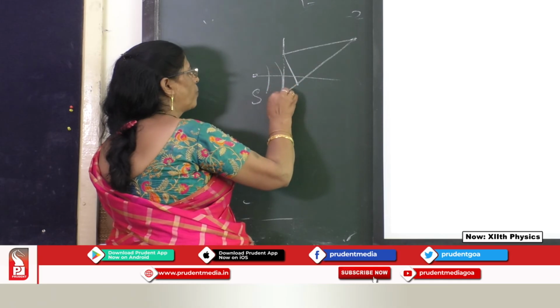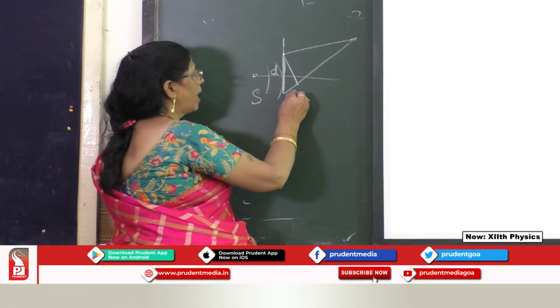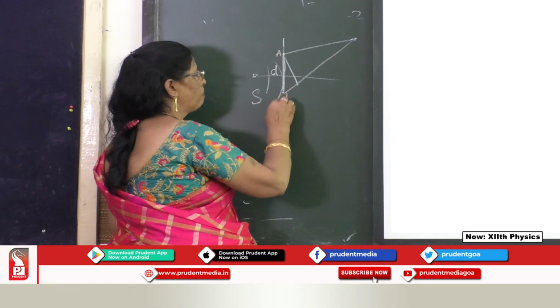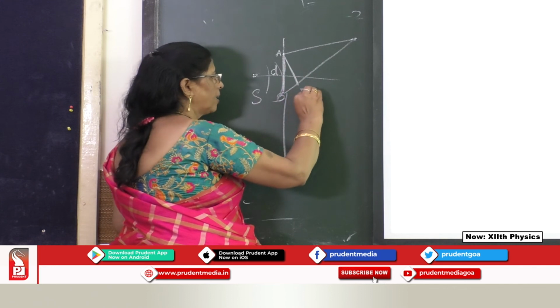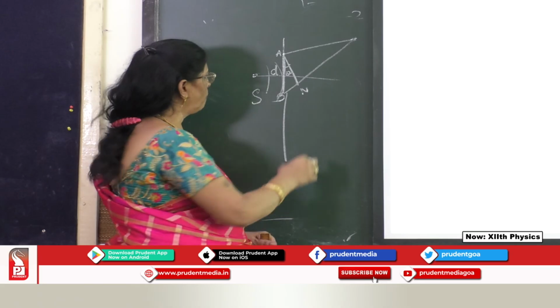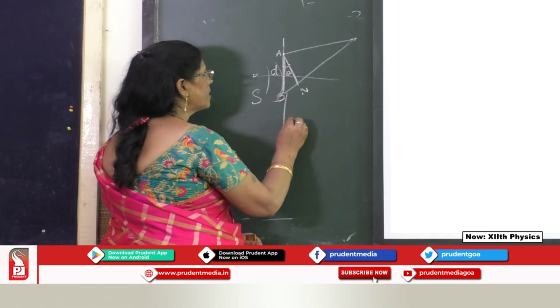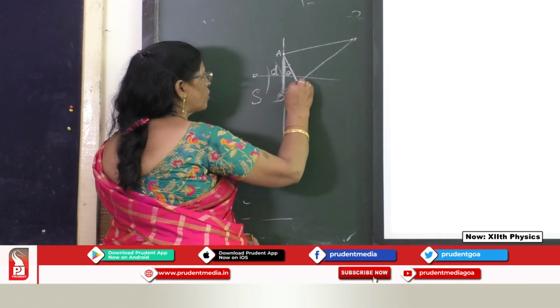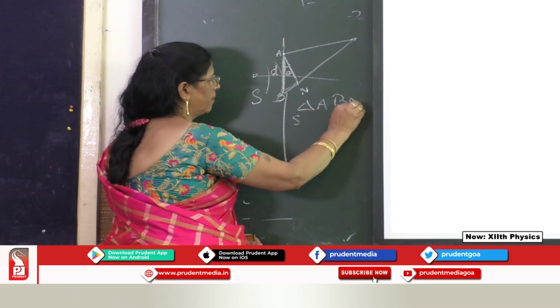This is the width of the slit, which is small d. A, B is the width of the slit. I drew a perpendicular N. This is the angle theta. So Bn is the path difference. Now, what is sine theta? Let us consider the right triangle ABN.